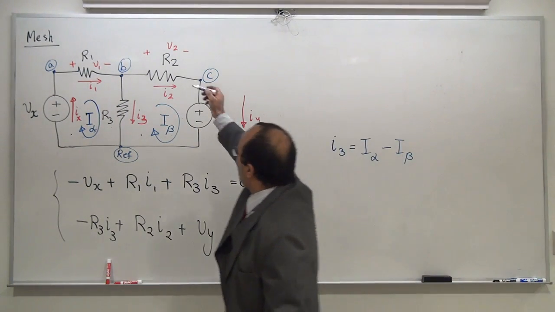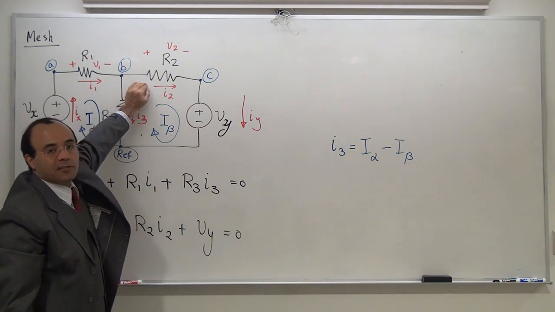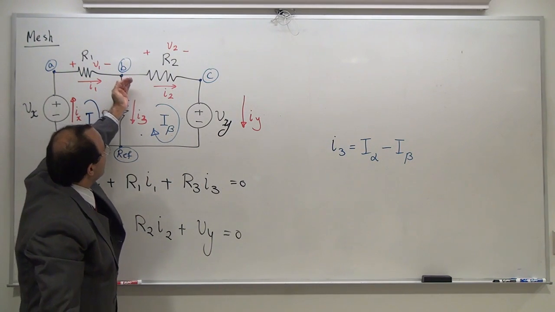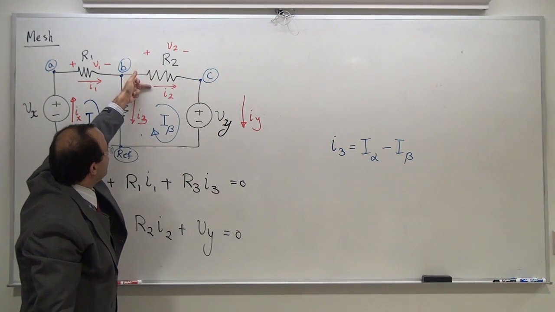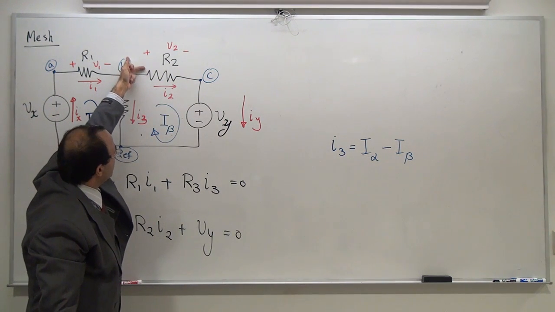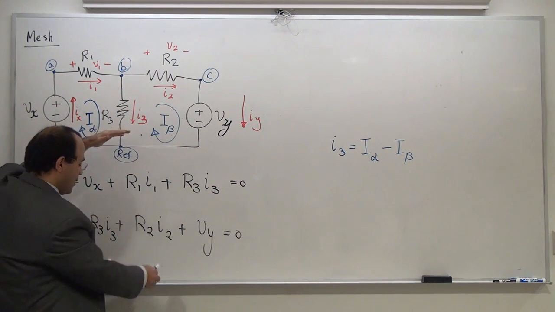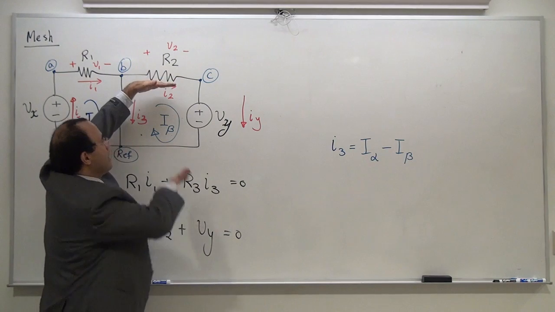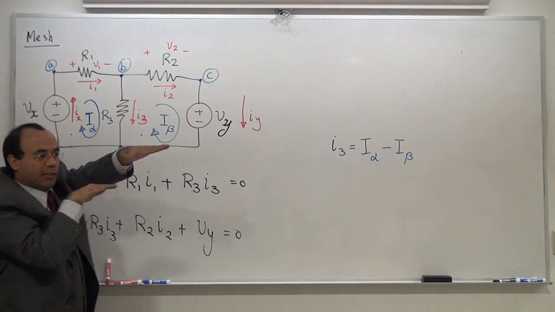When I take a look at I2, this is a specific tunnel and only loop beta goes through it. So obviously I2, as the current of this component, is the same as I beta, as the current of the loop. You see this one? This is I2 and I beta is actually going the same direction.